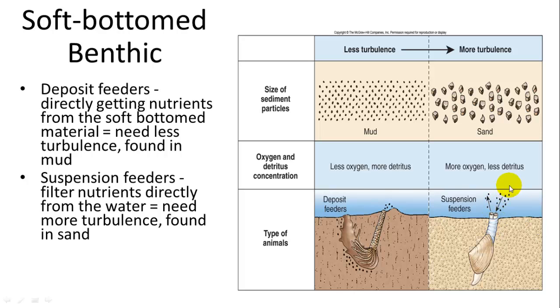Suspension feeders, on the other hand, actually filter the nutrients. So they have sometimes like a pump where they pump water in and then pump water out. And this is generally needed in more turbulent waters, which is usually found in sand. So they can't just rely on things dropping down there because it's too turbulent. They have to pump it in and pump it out.